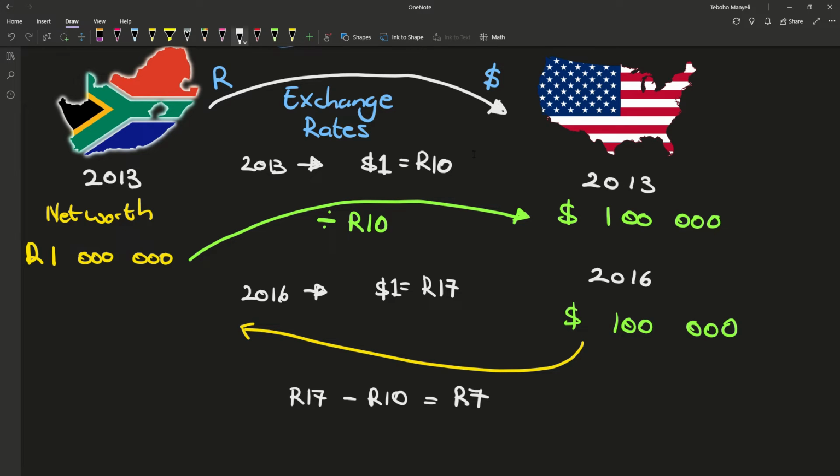So for each dollar you have, because you still have 100,000, you've made a difference of 7 rand on top of it.